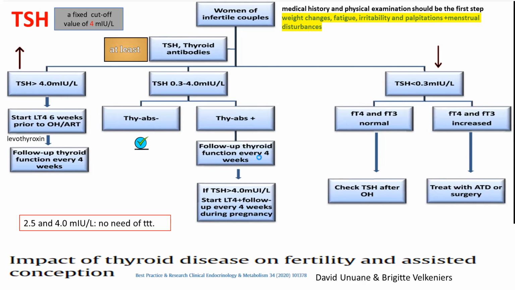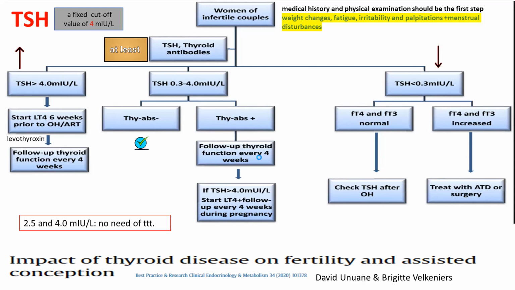Now, the area between 4 and 0.3 is intermediate. And in such a case, you have to check the antibodies already requested for this patient. If they are normal, so the patient has normal antibodies, normal TSH, so she is suitable for assisted reproduction or ovulation induction.